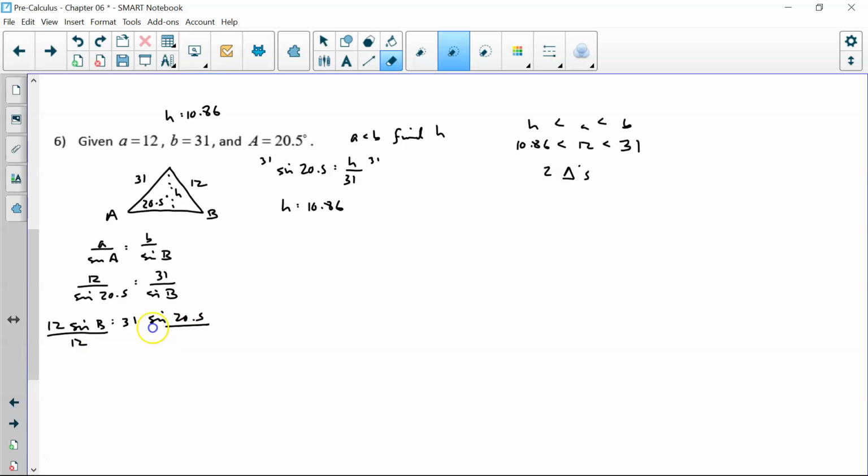Divide both sides by 12. The sine of B equals 31 sine 20.5 over 12. And then we take the sine inverse of both sides. So the measure of angle B is 64.78 degrees.